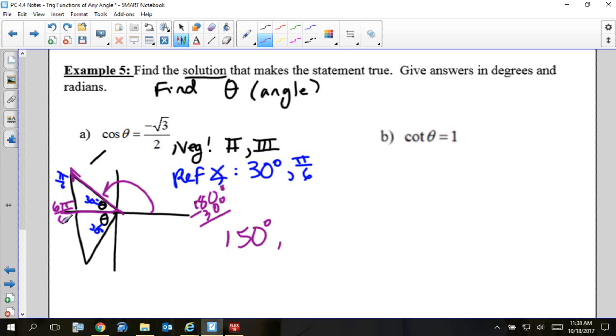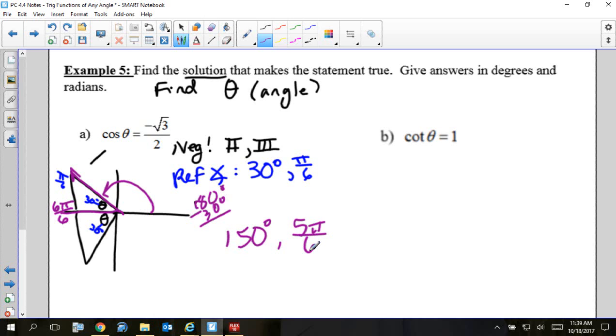It's like one less pi over 6. You could also take 150 degrees and multiply by pi and divide by 180 and reduce it. But if you just memorize this stuff and know how to do fractions like that, it's a lot easier. All right, so that's one of the answers.